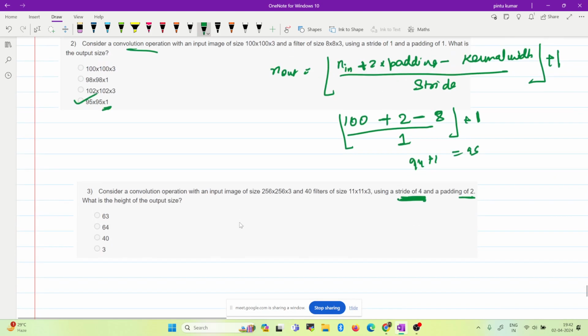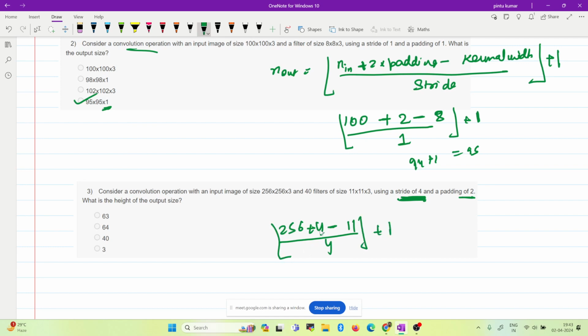So again, the formula remains the same. So it is n input. Input is 256. Padding is of size 2. So 2 cross 2 is 4, minus kernel width is 11, divided by 4, and we take floor of this, plus 1, right?